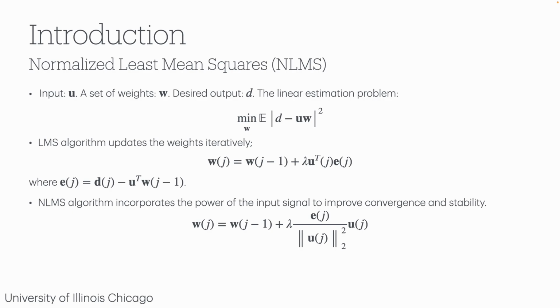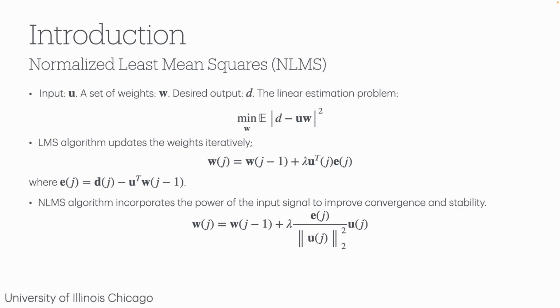So a conventional LMS algorithm updates the weight iteratively, similar to the SGD, using the input and the error, which is the difference between the desired and the predicted output. So you can see the LMS algorithm here.